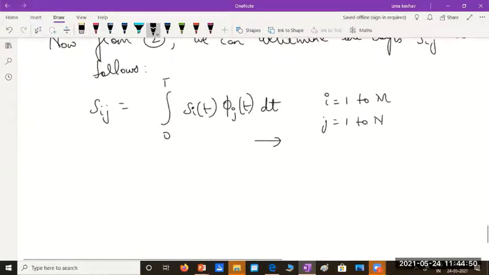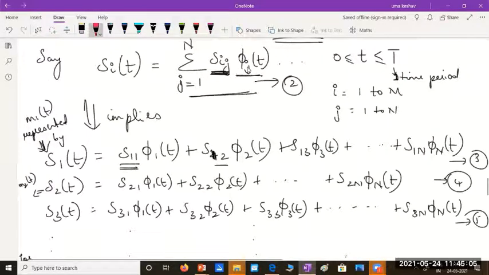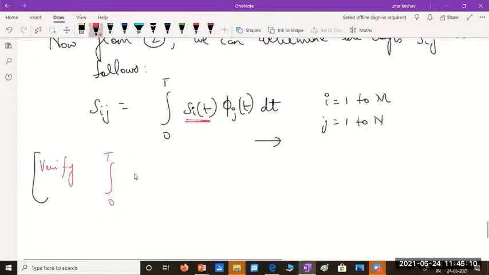See, what would this be? You verify what? Integral 0 to T. What was Si of t? What did we define Si of t here? Summation Sij into phi j. Write that linear equation: summation Sij into phi j for j ranging from 1 to n here.